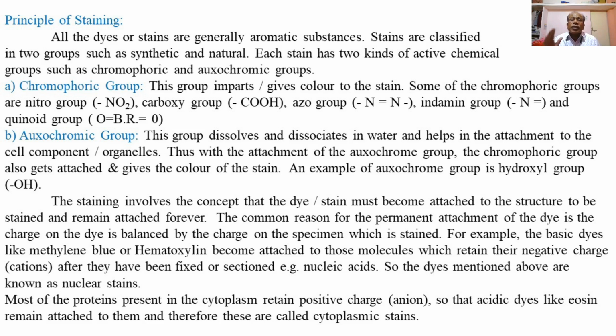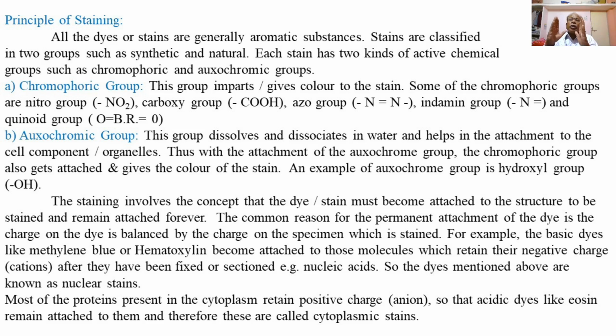Thus, with the attachment of the oxochromic group, the chromophoric group also gets attached and gives the color of the stain to the cellular components or the cell organelles which are stained or colored by using the respective stain. So the oxochromic group is responsible for the attachment of the chromophoric group of the stain with the cellular components or the cell organelles.